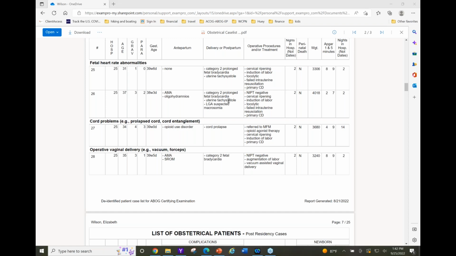What's the difference between a deceleration and a bradycardia? Deceleration would be a decrease in the fetal heart rate that can coincide either with contractions or outside of specifically with a contraction, where you would have either head compression or a late deceleration, but generally it is resolved within a minute or two.